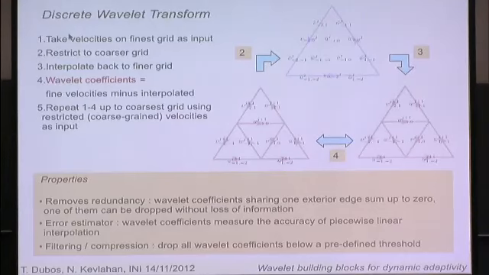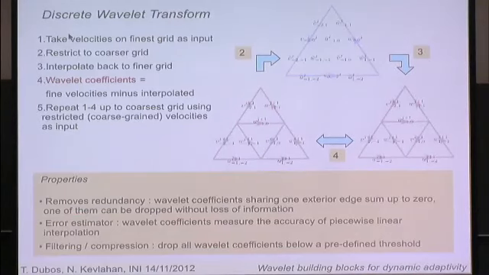So what I've done, I have replaced this information on the fine grid with information on the coarse grid plus wavelet coefficients. And I have exactly the same number of degrees of freedom. I can repeat this process as many times as I need. Of course, I will have several levels of refinement.